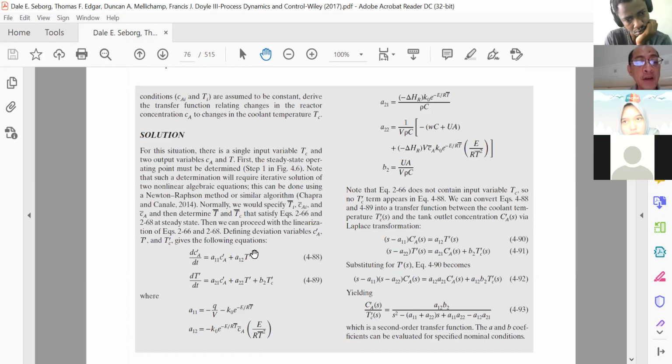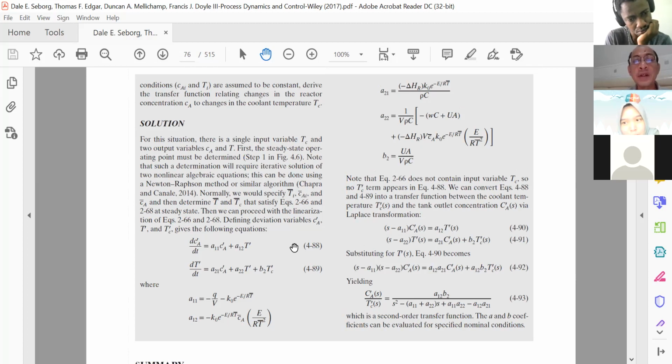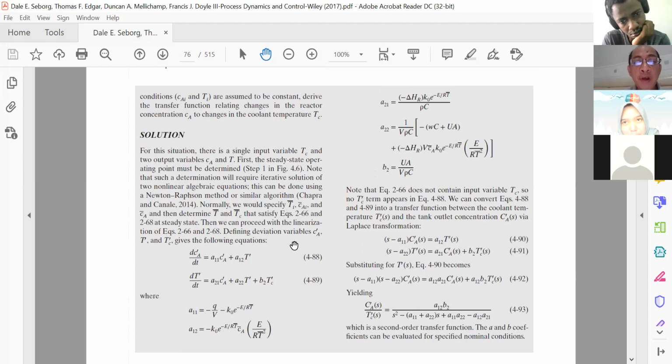When we linearize this, you will get equations 488 and 489. And then from there, you can find the transfer function between CA prime over TC prime, which is something like this.